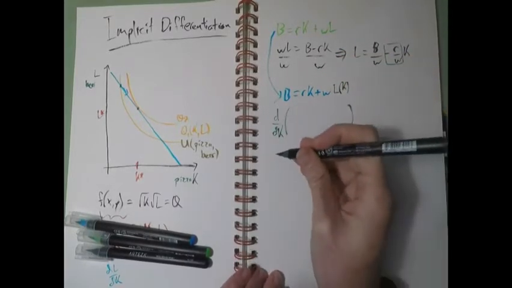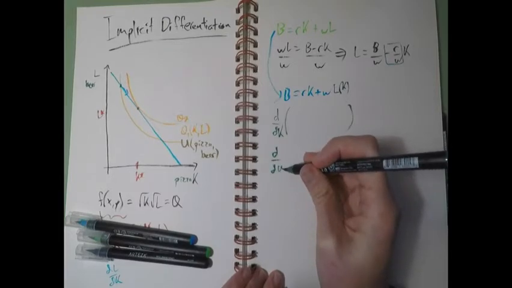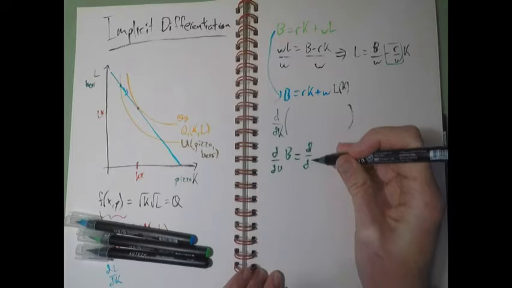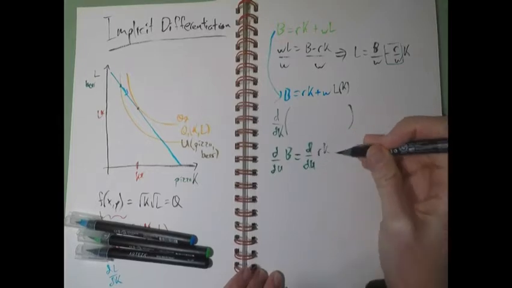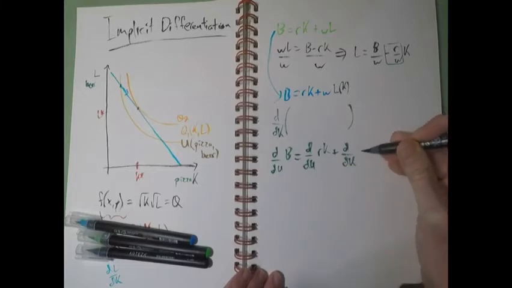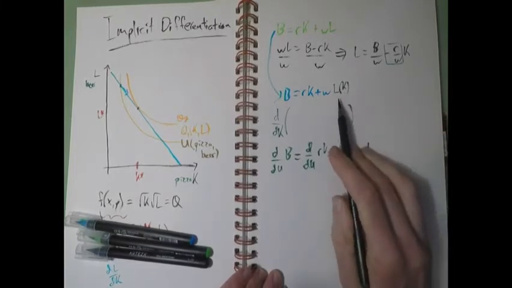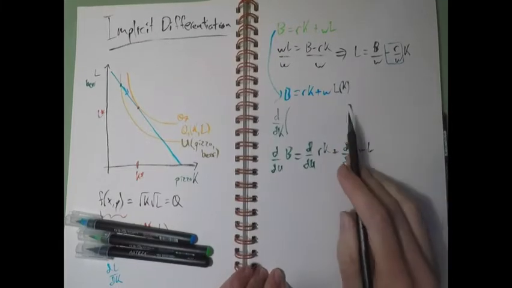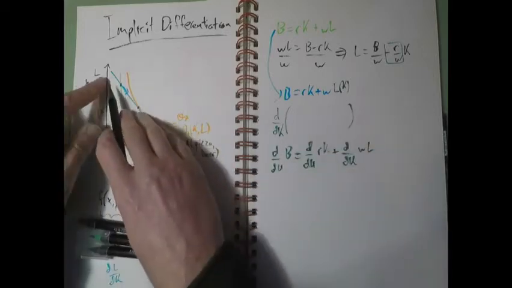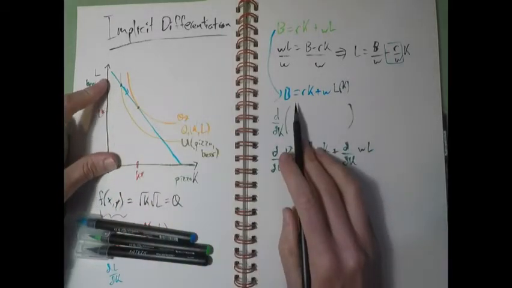And that's going to split into dL/dK of B equals dL/dK of RK plus dL/dK of W times L. And again, L is implicitly a function of K, right? How much labor we use, assuming that we're on the budget constraint.